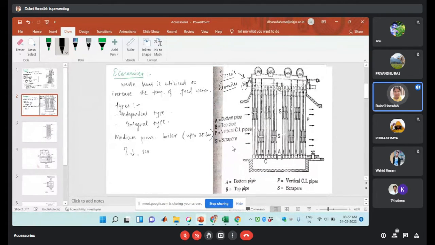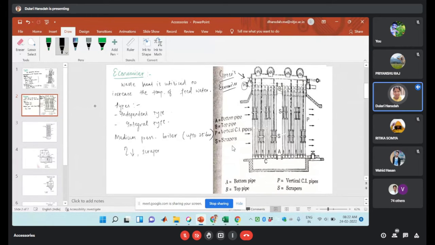So the scraper removes that deposition continuously, so that there is proper heat transfer from the flue gases to the water.